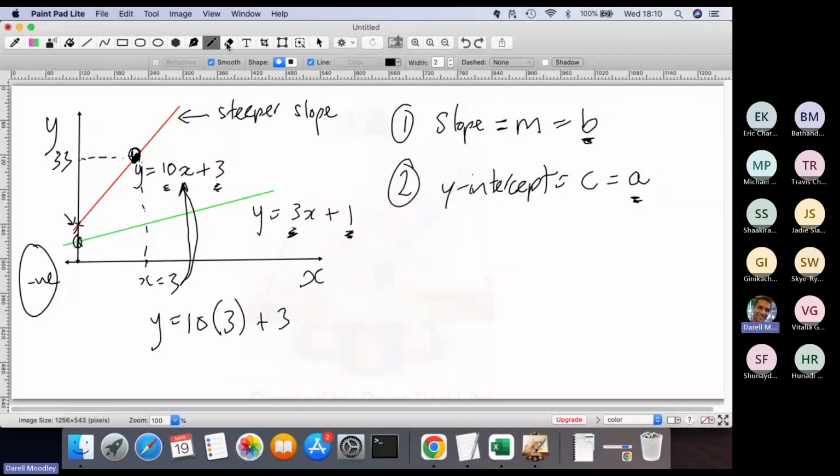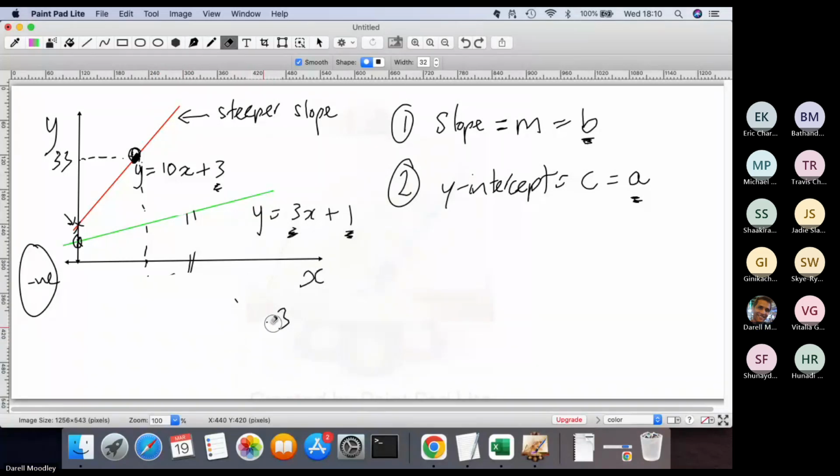So let me just recap everything, and tell me if there's anything you don't understand specifically. You have two different lines here, the green line and the red line. There are two things needed to describe any line, and you need to be able to describe it in order to differentiate one line from the next.